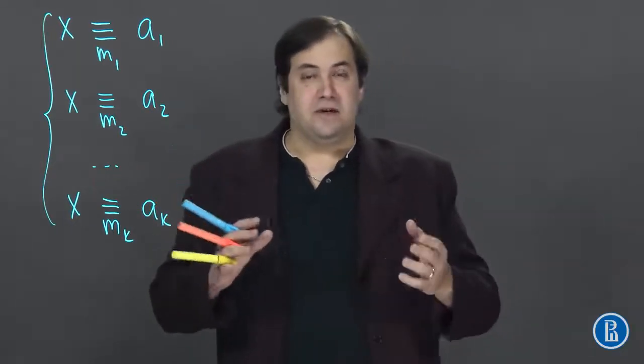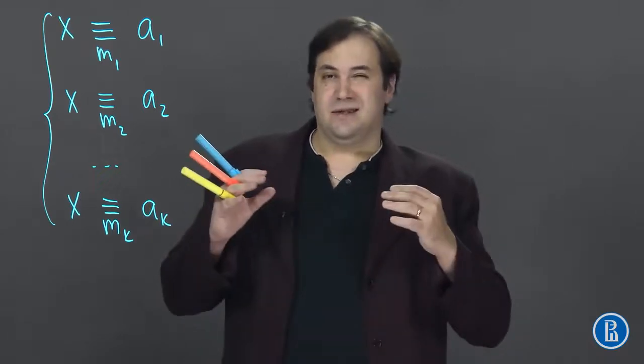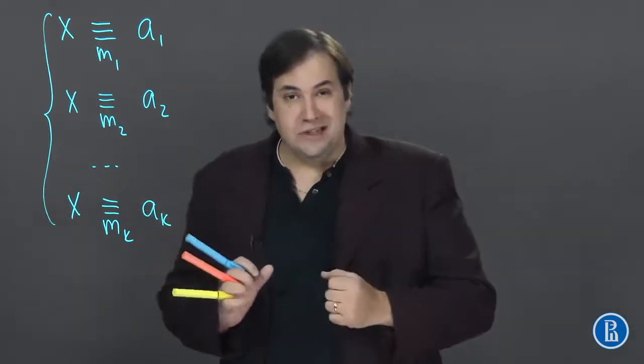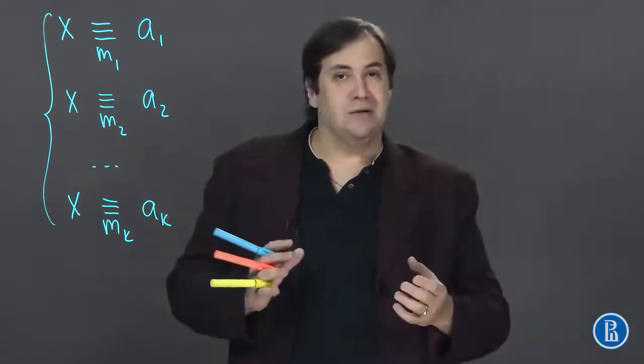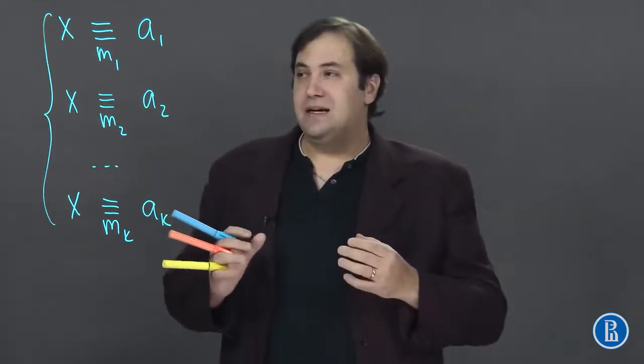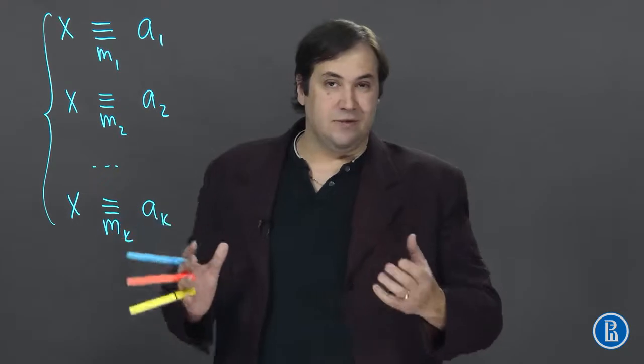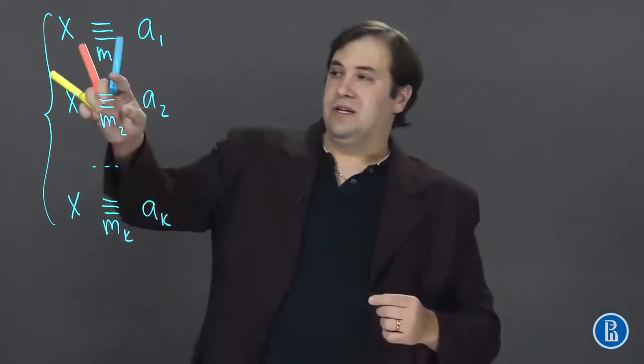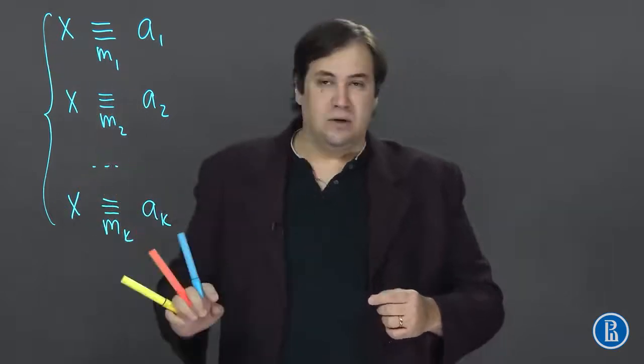In this video we will consider something like an explicit proof of existence of the solution of a system of congruences. This is about the Chinese remainder theorem, and here we see a system of congruences with pairwise mutually prime moduli m1, m2 and so on, mk.